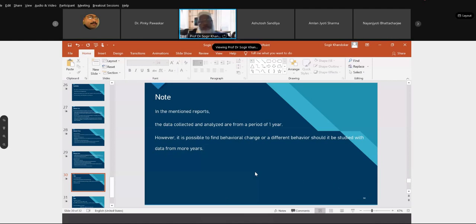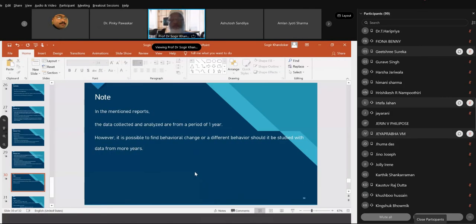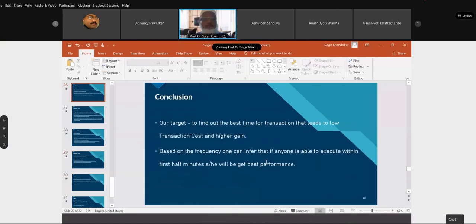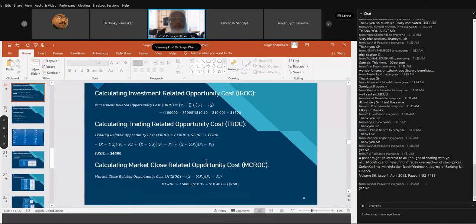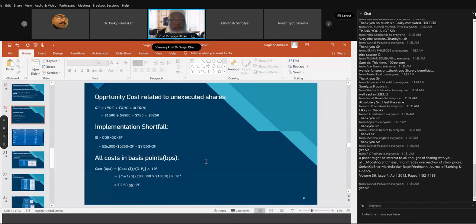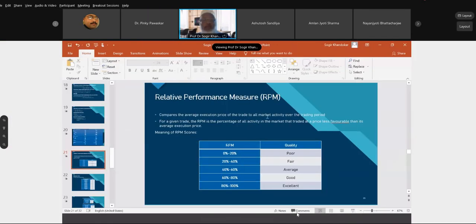Here we analyze 4 types of behavior. The first behavior is by using the RPM, where they show that aggressive transaction is better.